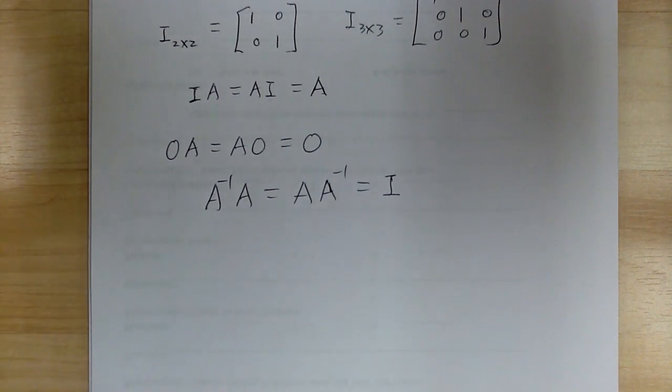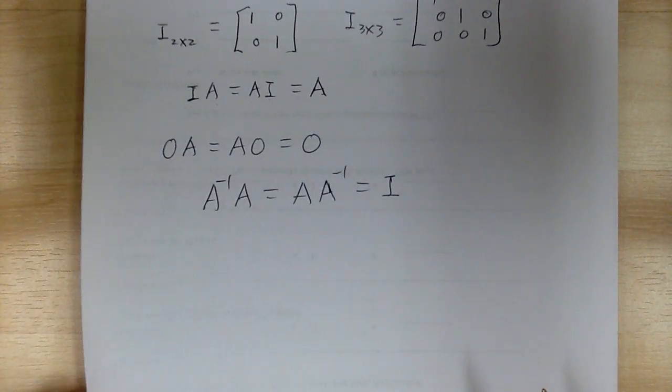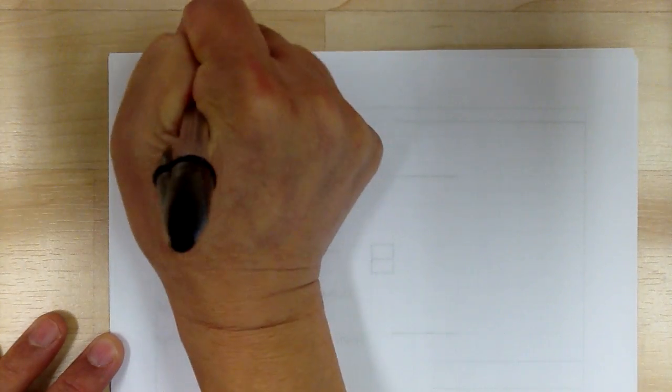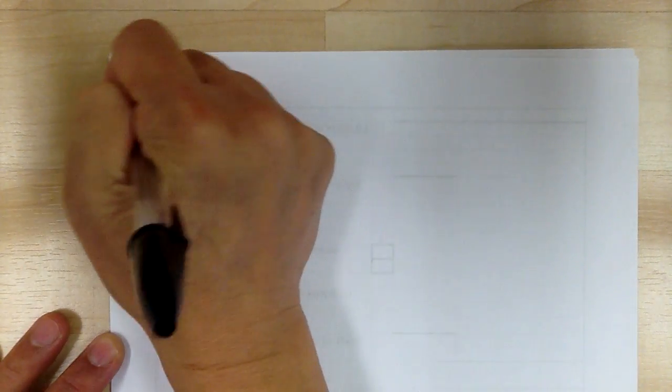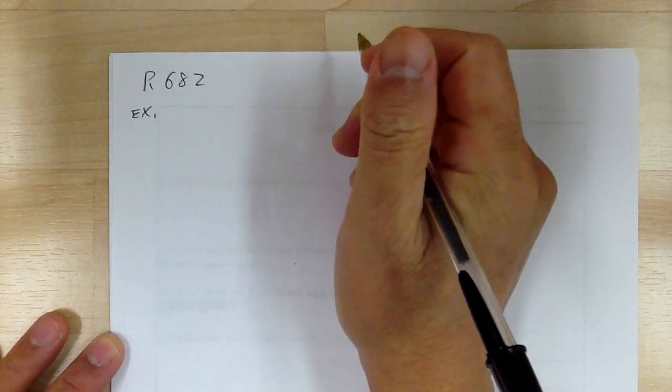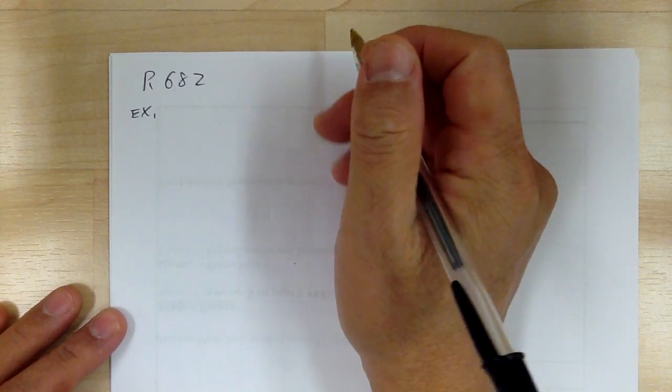Okay, so now we're going to go into how to multiply matrices themselves. You need to have very good discipline when you're doing this. So let's go to page 682 and look at the example. You're multiplying 3 by 3s.